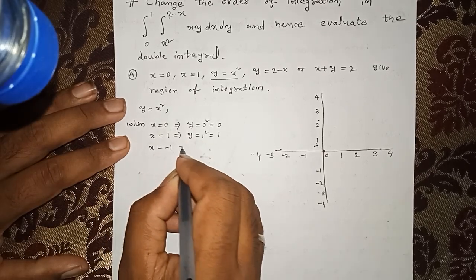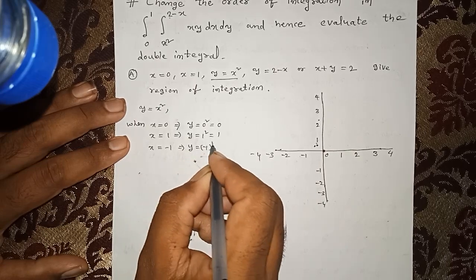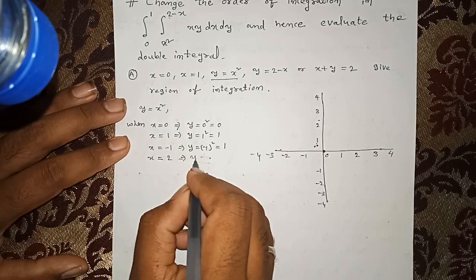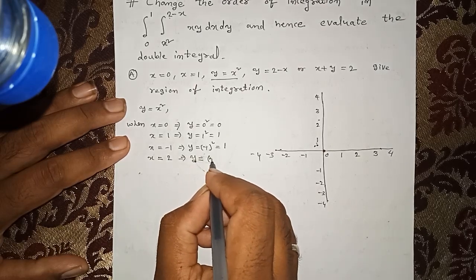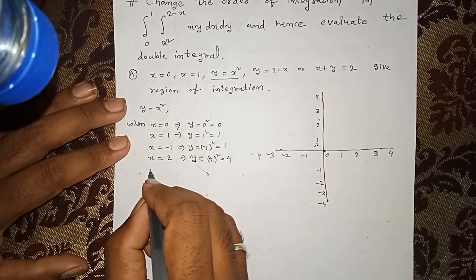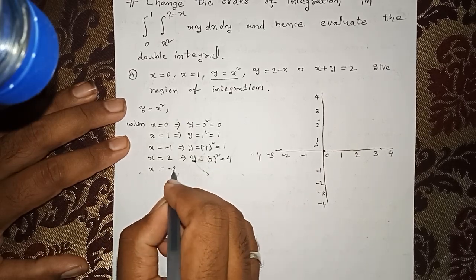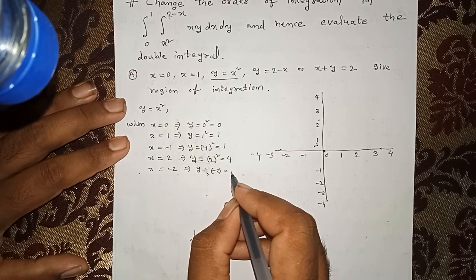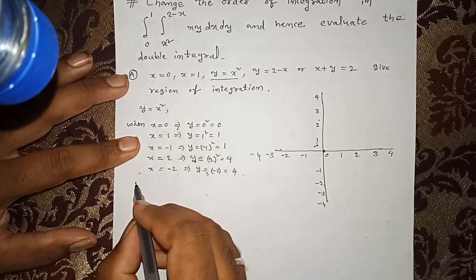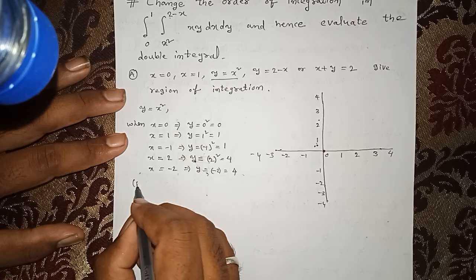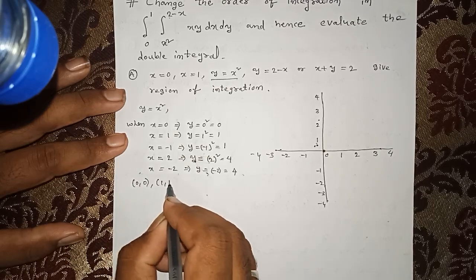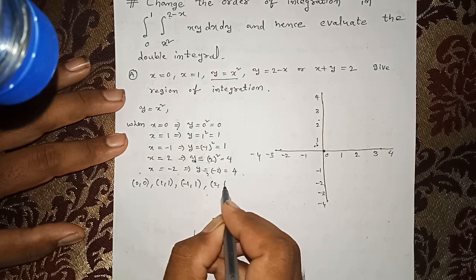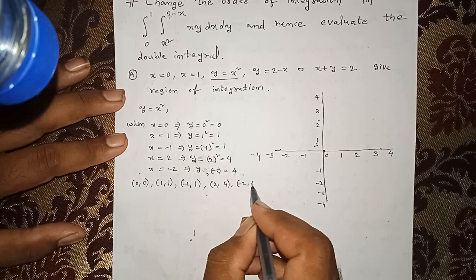When x is equal to minus 1, y value is minus 1 whole square is equal to 1. When x is equal to 2, y value is 2 square is equal to 4. When x is equal to minus 2, y value is minus 2 whole square is equal to 4. Therefore, the corresponding ordinates are 0, 0; 1, 1; minus 1, 1; 2, 4; minus 2, 4.